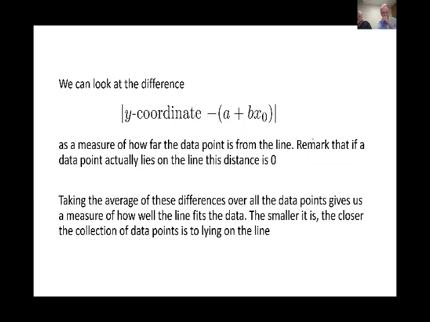So I could use this to define what the error is between the data point and the line, and do this for every data point. I could compute this and then sum them all up. Now, normally you like to take the average, so you take the sum of these and divide that by the number of data points. So this is one way to measure how far away we are from lying on the line.